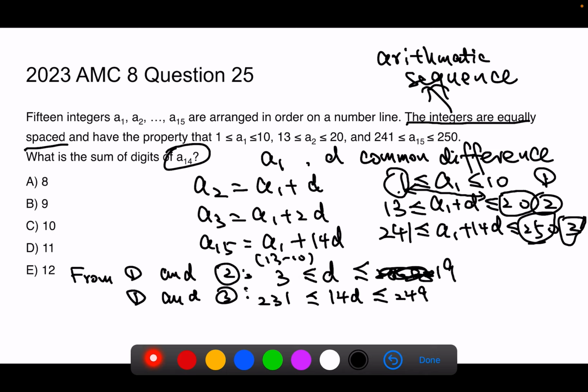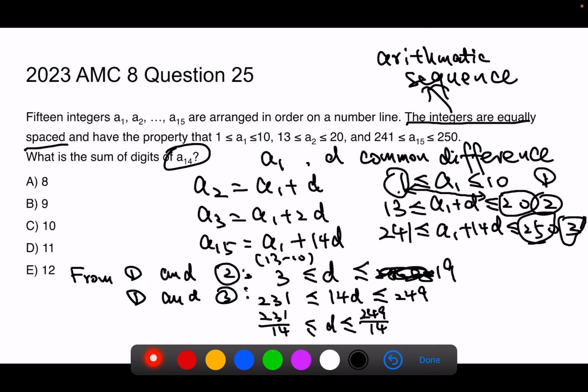This doesn't look very promising yet, but if you remember, D is an integer. So if you divide both sides by 14, you will get D is less than or equal to 249 divided by 14, and greater than or equal to 231 divided by 14.